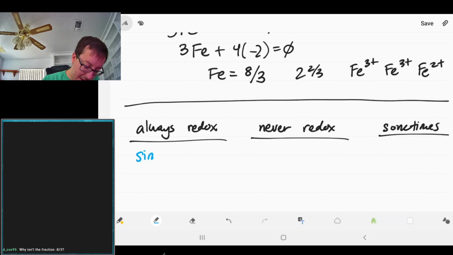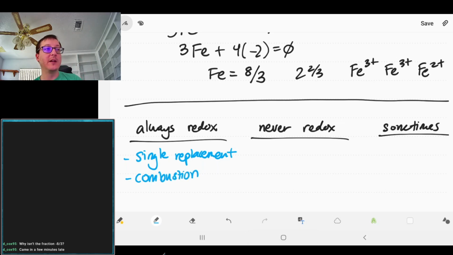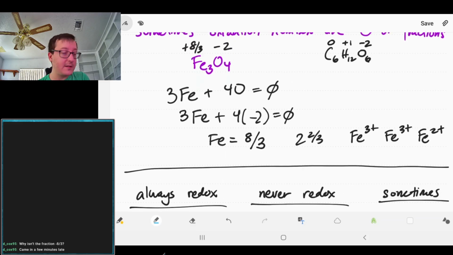We're going to see that single replacement and combustion reactions are always redox reactions.